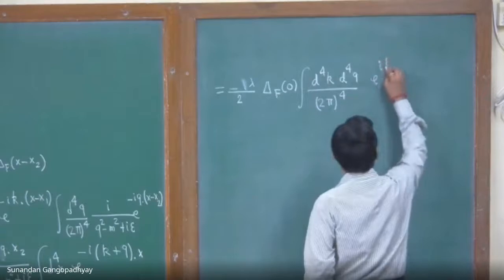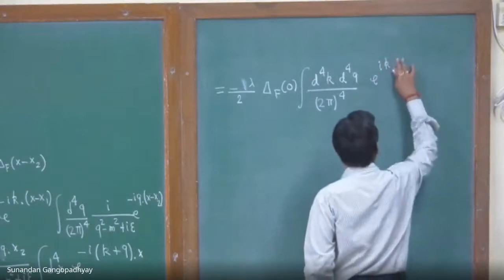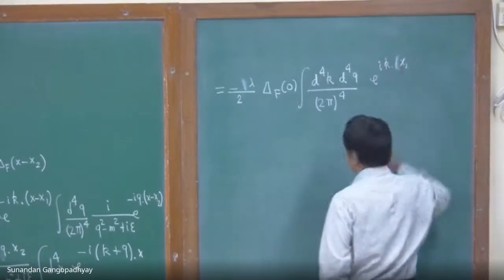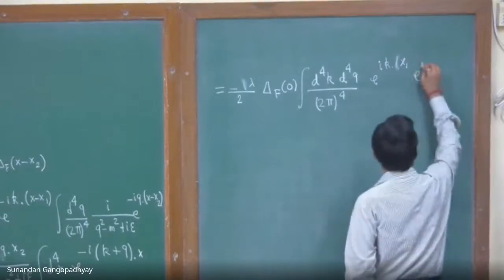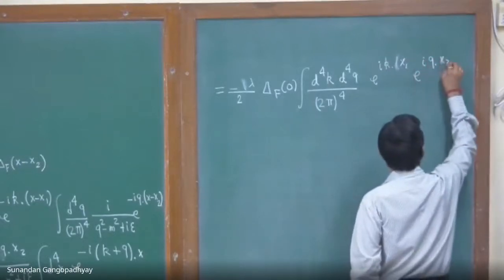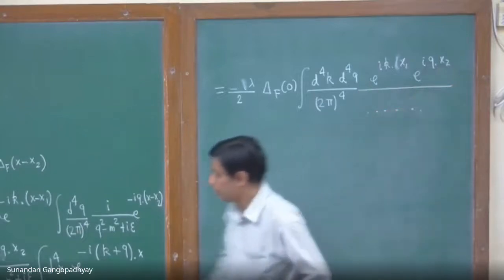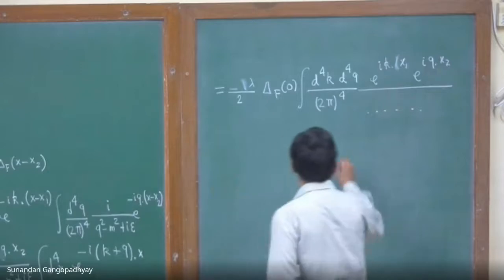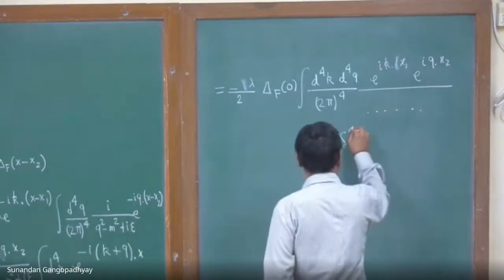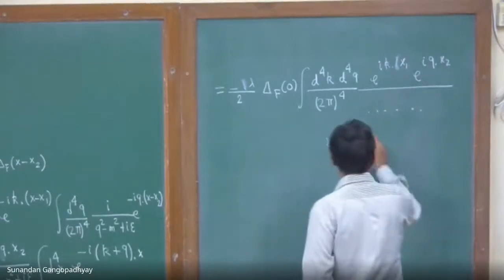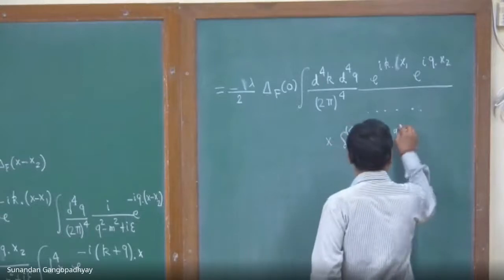Then we have the factors of the propagator that we have downstairs times p plus q.